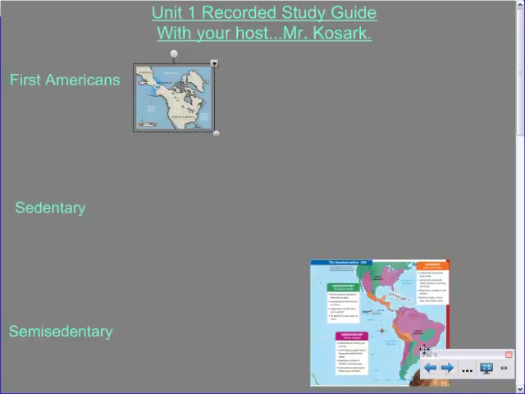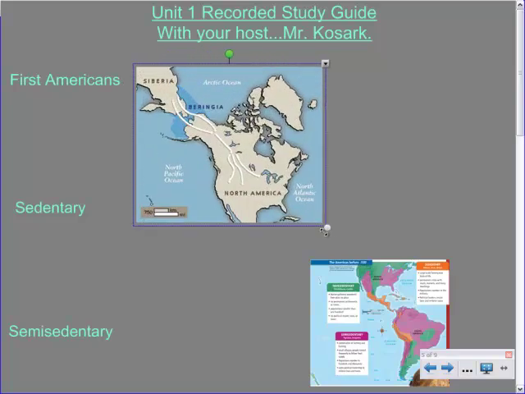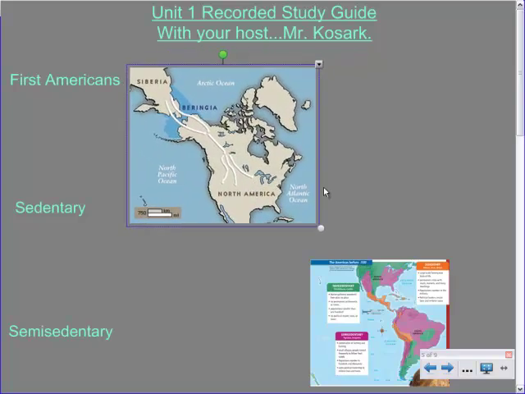What you will be seeing is our screens a lot like this with pictures and terms on them. The pictures I can move, I can manipulate them, I can draw on them, I can also write anywhere on this, and you will see what I'm talking about. I can, for example, tell you that the first Americans, stuff that you need to know about them, can be found on page 5.